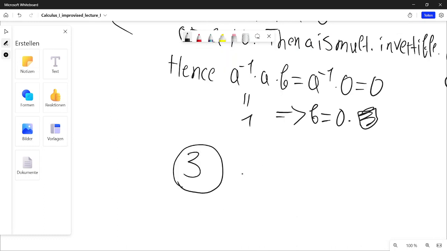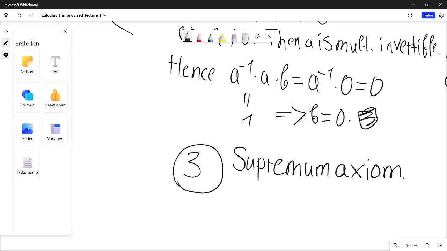Okay, and the third is perhaps the weirdest. The third is also explicitly called an axiom, and it is a supremum axiom. That is the axiom about the existence of a supremum.